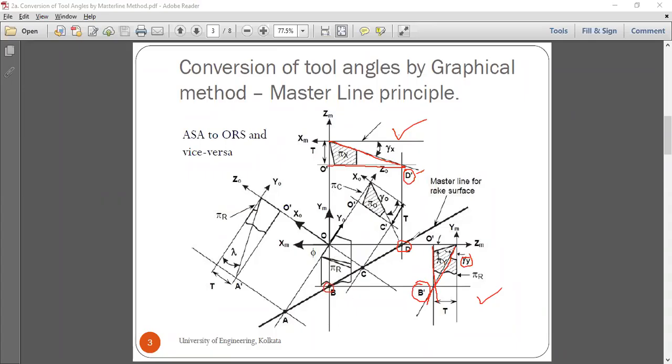Now if we draw a line joining D and B, so the BD line we have drawn, and let us see the significance of this BD line, right?